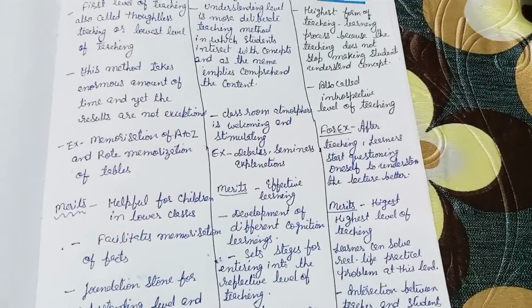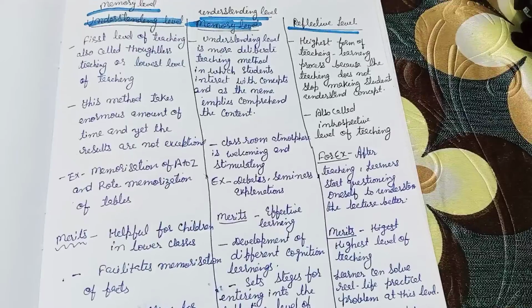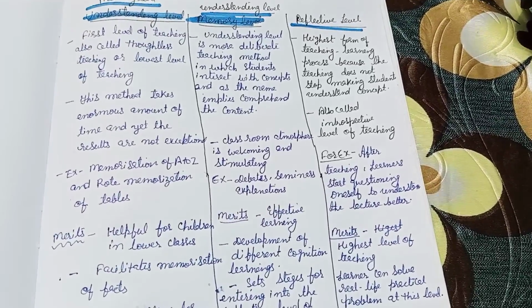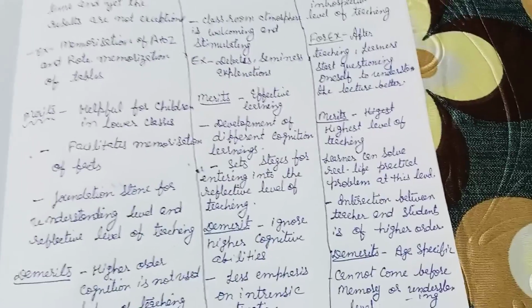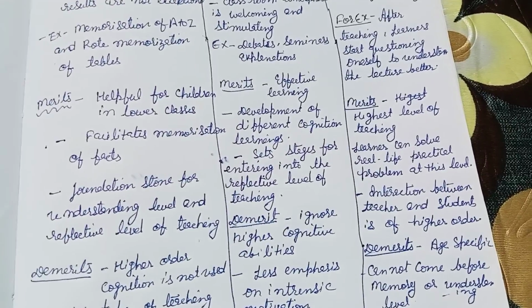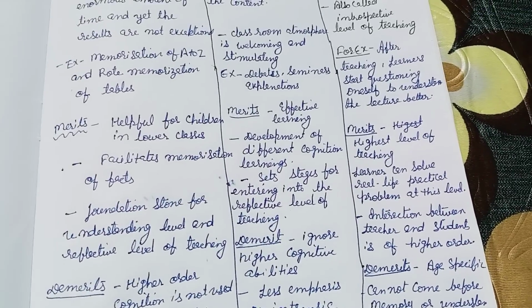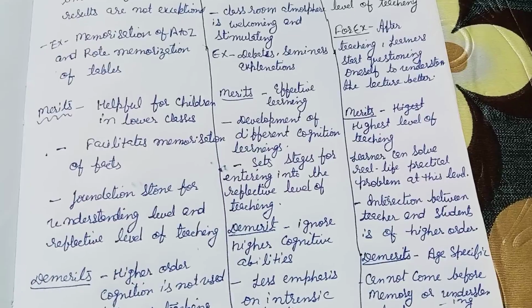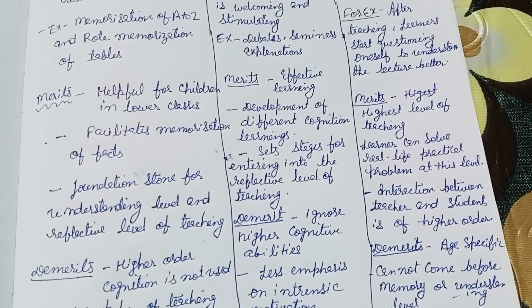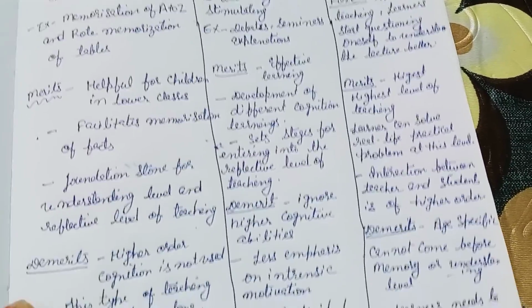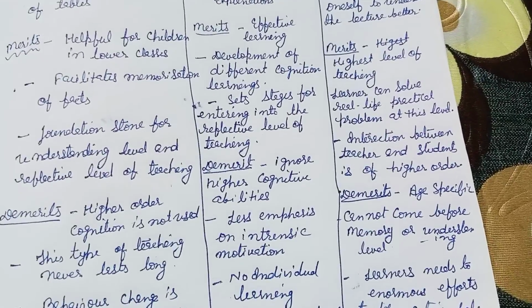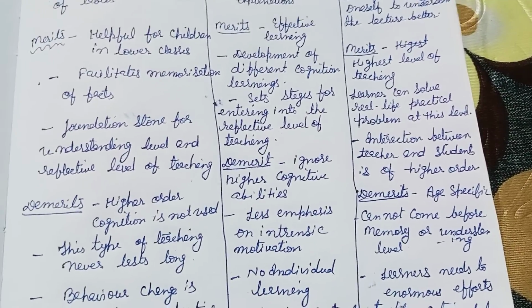Now we will learn about the demerits of understanding level of teaching. It ignores higher cognitive abilities. There is less emphasis on intrinsic motivation.